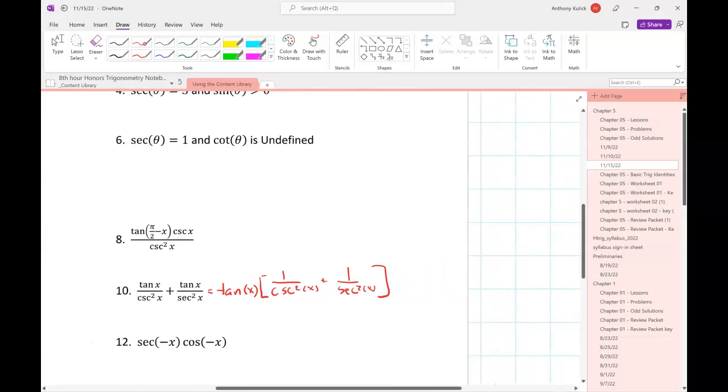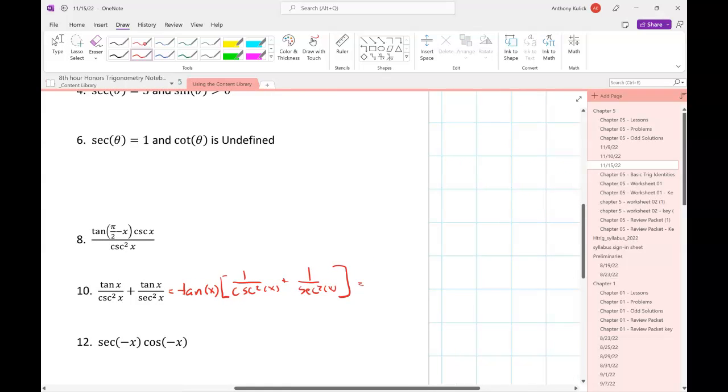Why is that great? What's 1 over cosecant squared? Sine squared. What's 1 over secant squared?